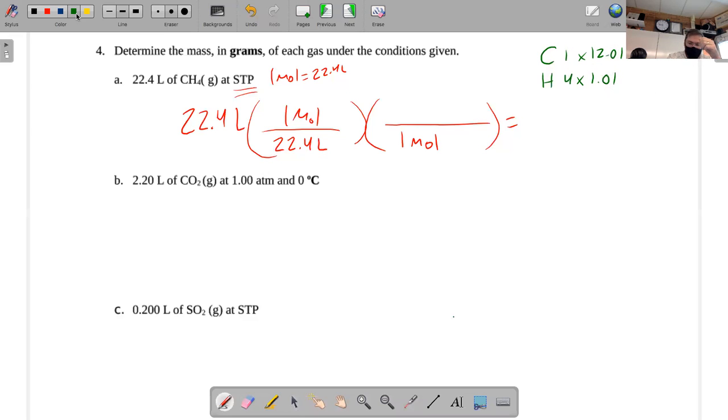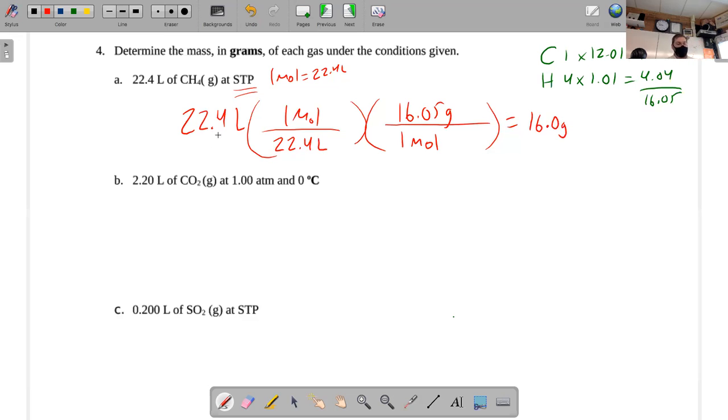Got to slide that over. There we go. So that's 12.01, and this is 4.04. Those add up to be 16.05. So the formula mass is 16.05 grams.